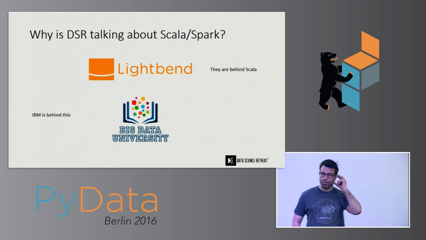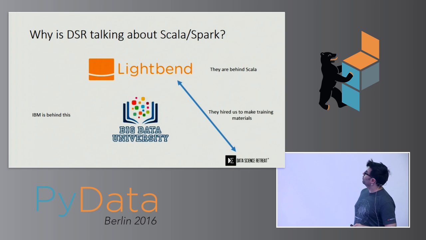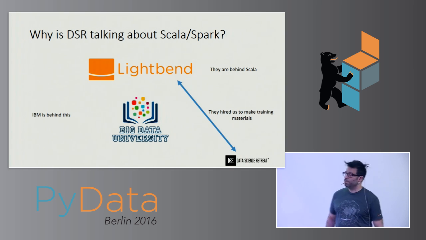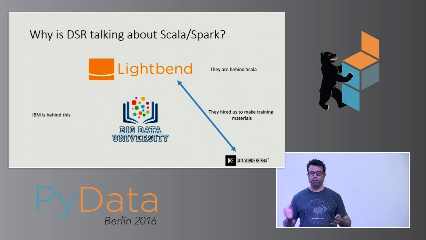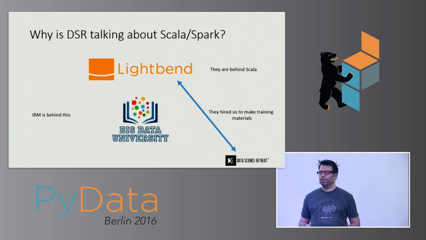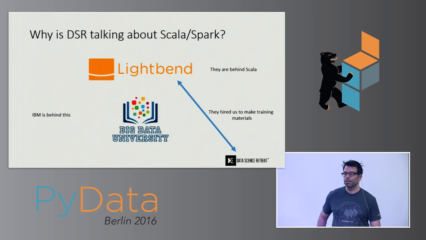They know the typical machine learning topics and so on, but they don't know the how. So they approached us to create training materials for this big data university. They are videos, 5 to 10 minutes, and they are to the point. So you want to run a gradient boosted tree on Spark? This is how it works. This is how you compare it with other models.